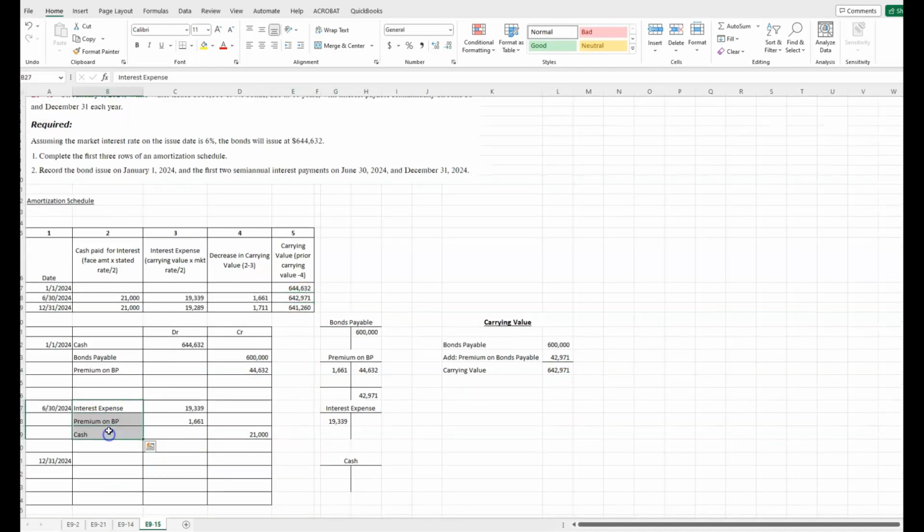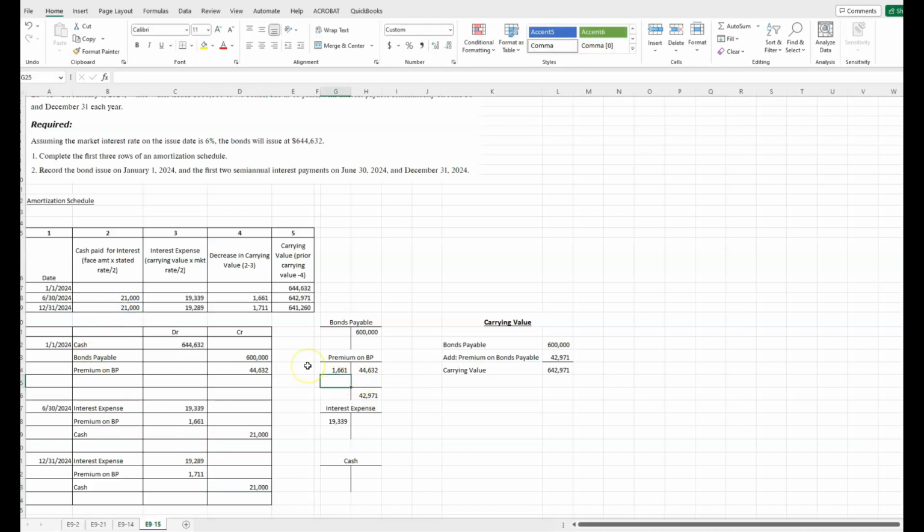The second payment of 2024, same thing. Use the same accounts, except our interest expense this time is 19,289. Our premium is 1711. And our cash is always 21,000.